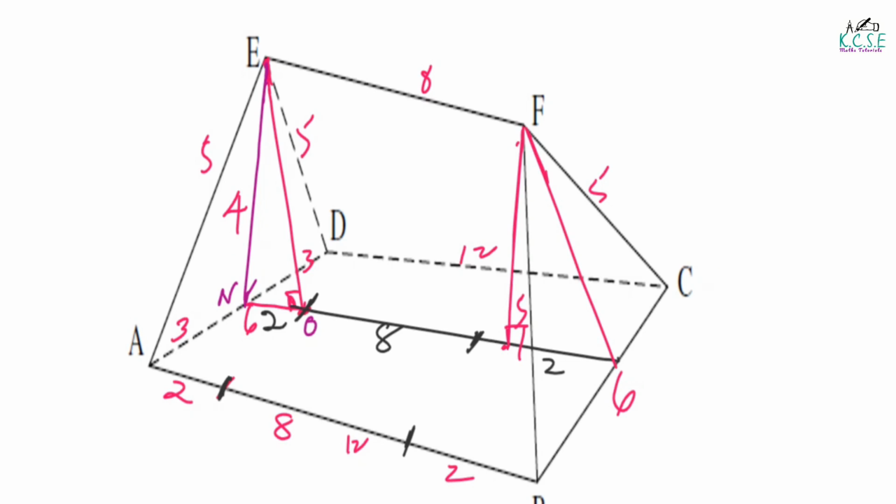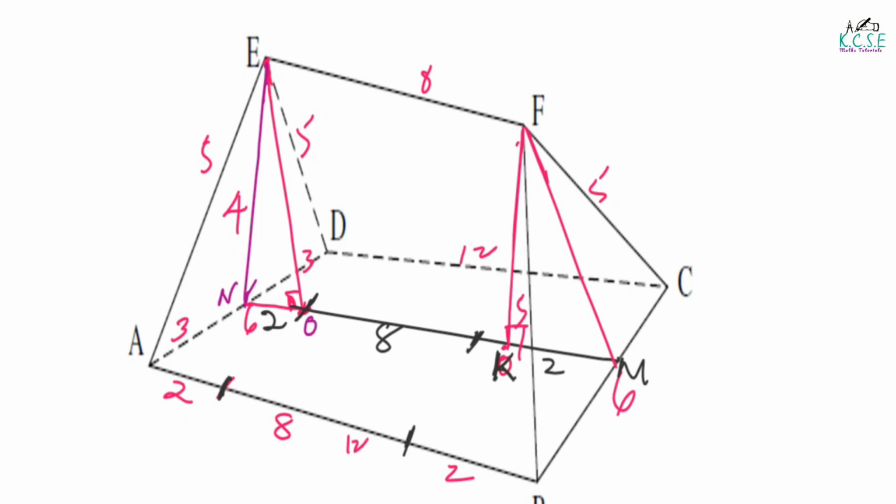So FO again, we can label this one as K instead of O. So you can see OK is 8, the same as EF. Then the two ends NO and KM, both of them will be 2, 2. So that the whole distance is 12. So that is how we come up with these 2.